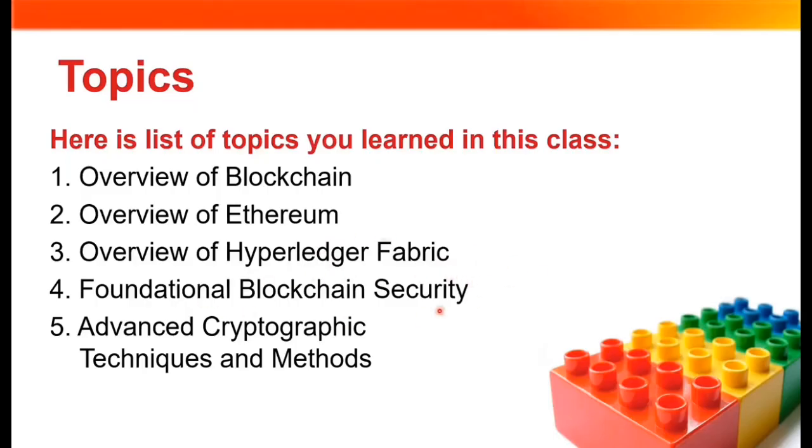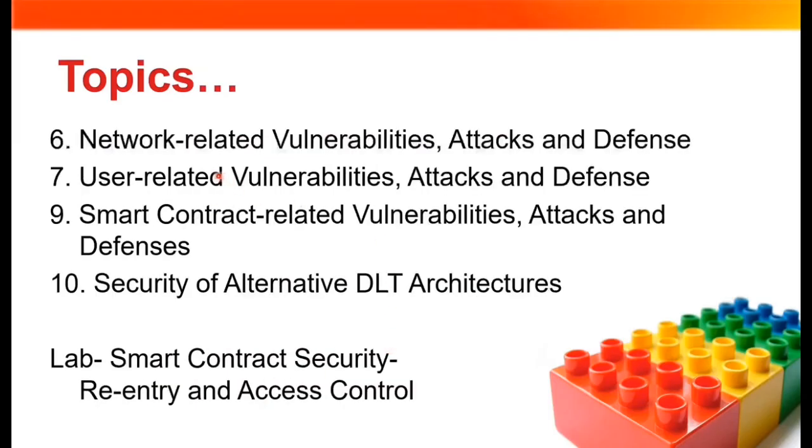We talked about the foundations of blockchain security and advanced cryptographic techniques and methods. We looked at network-related vulnerabilities, the types of attacks and the defense, user-related vulnerabilities, the types of attacks and how to defend against them, smart contract-related vulnerabilities, the ways that the smart contracts can be attacked, and a way that we can better secure our smart contracts.